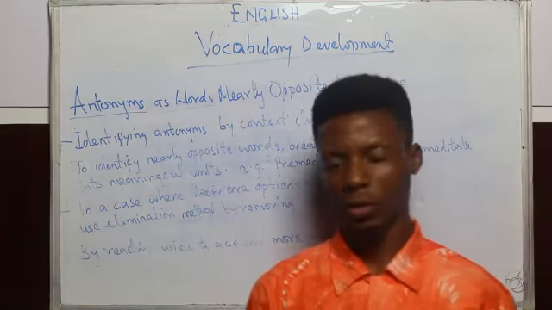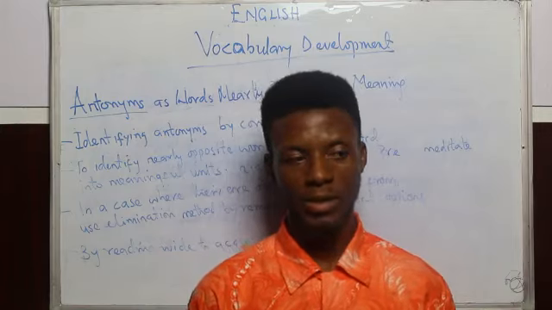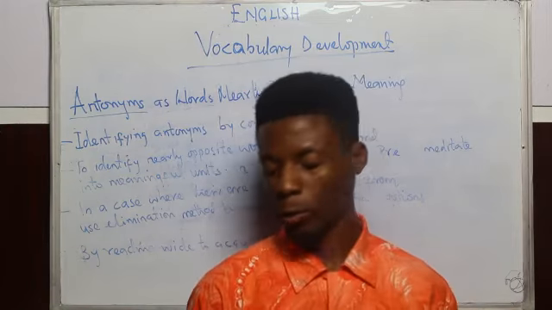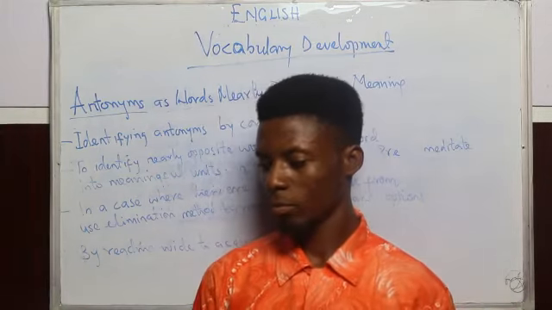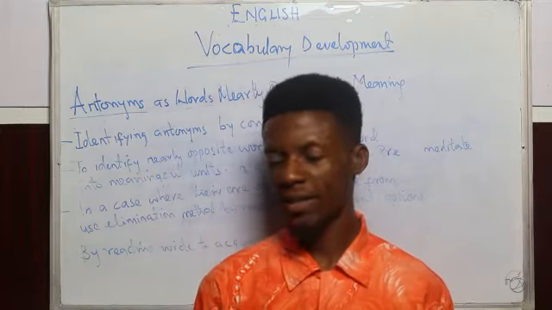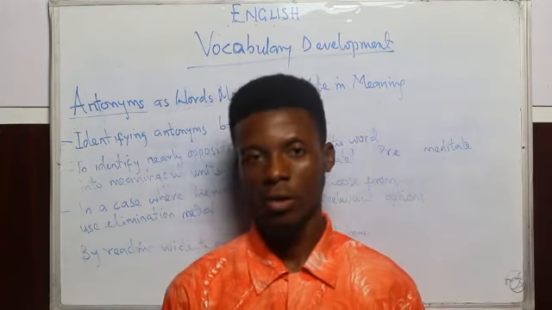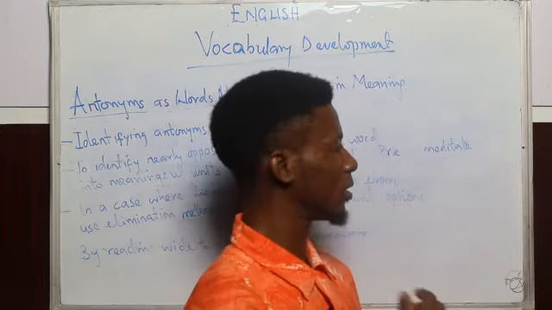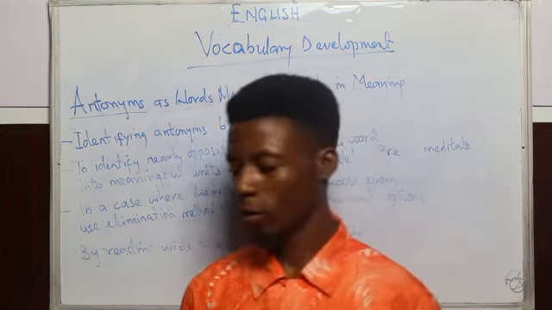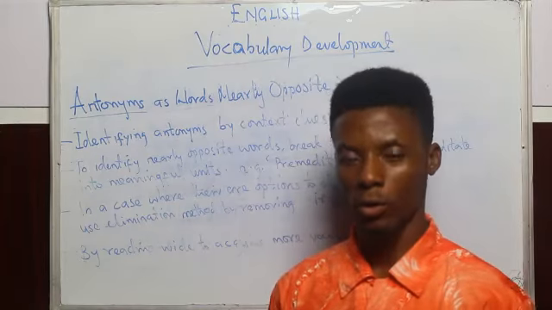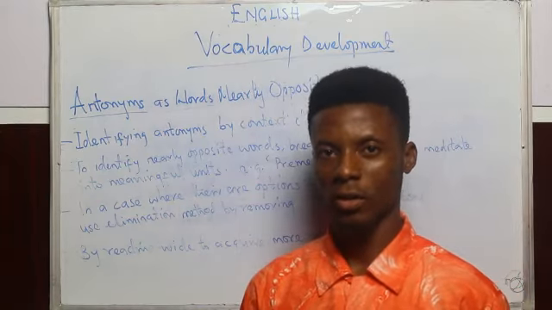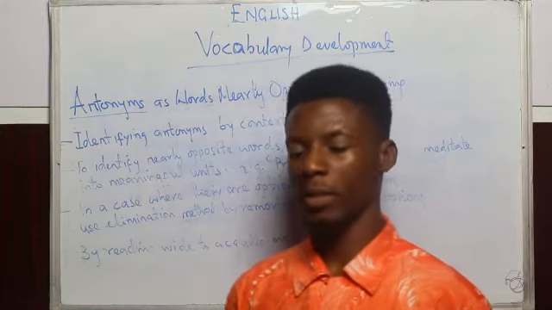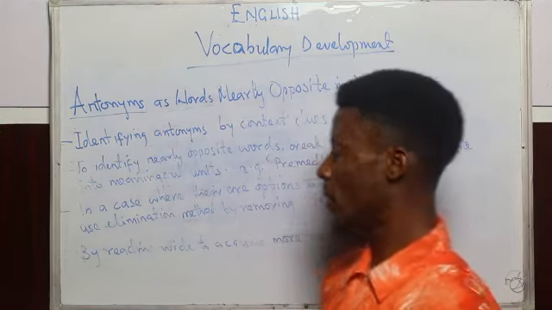So in this situation where we have premeditate and we are given options like determined, accidental, planned, continued, we can actually determine which of these options is nearly opposite in meaning to premeditate.